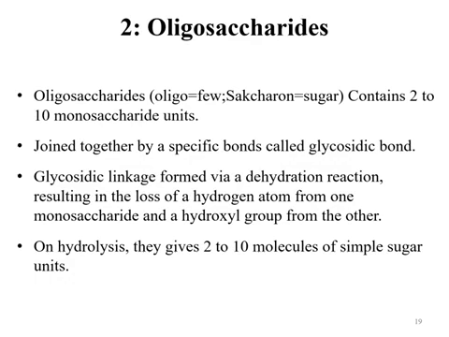The glycosidic linkage is formed via a dehydration reaction. As a result, a hydrogen atom is lost from one monosaccharide and a hydroxyl group from the other, which ultimately combine in the form of water. So on hydrolysis, oligosaccharides give 2 to 10 molecules of simple sugar units.